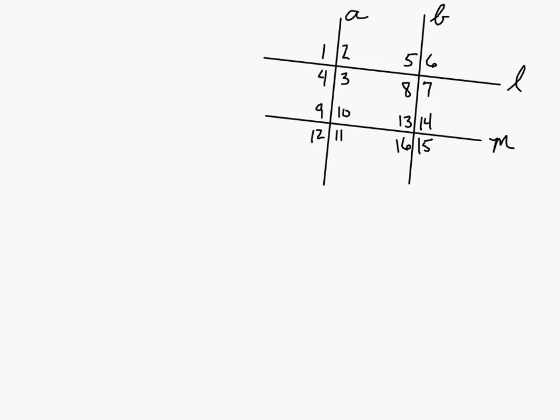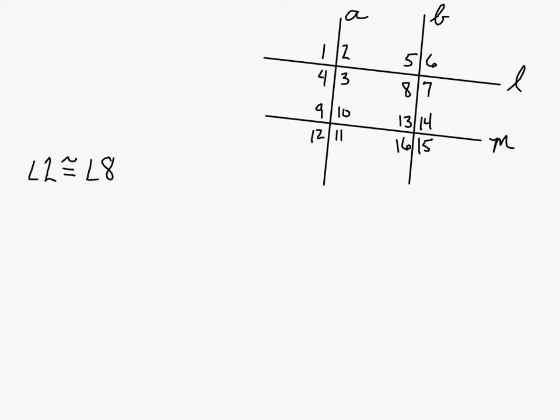Okay, the way that your assignment is going to work today, the first half of your assignment, you're going to get a diagram that looks something like the one I just drew. And then you're going to be told something like angle 2 is congruent to angle 8. Determine which lines, if any, are parallel.